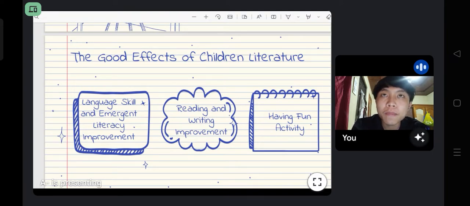For example, for speaking, maybe children can tell a story about their writing, or tell how the characters of a certain story are, or their impression of the story that they read, or they can tell their experience regarding the reading activity of literary work.